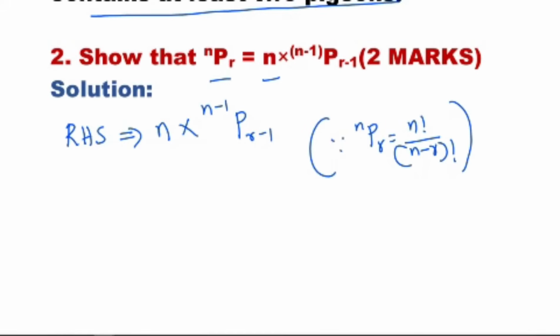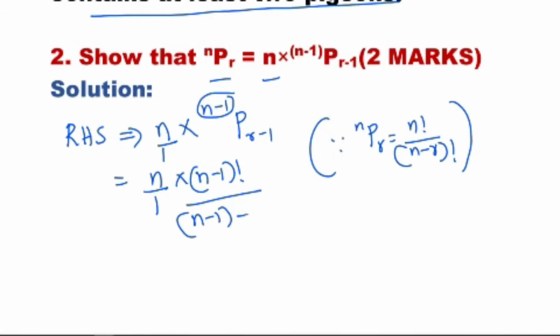So by using this formula, we can write this. If there is nothing, we'll write it as 1. So it will be n by 1 into, here n factorial, in place of n we have n minus 1. So we'll write (n minus 1) factorial divided by (n minus 1 minus r). What is r? r is r minus 1. So in place of r, we'll write r minus 1 in the bracket.